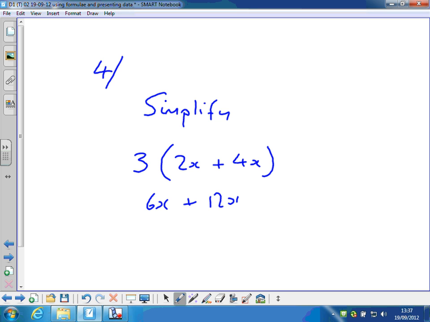And then what can you do? Yeah, you can add them together to get 18x. So you could have simplified further if you didn't finish that off. Of course, instead of expanding out, looking at that, I could have added them together straight away to get 6x, and then times that by 3 to get 18x. Answer 18x. Okay, that's simplified.